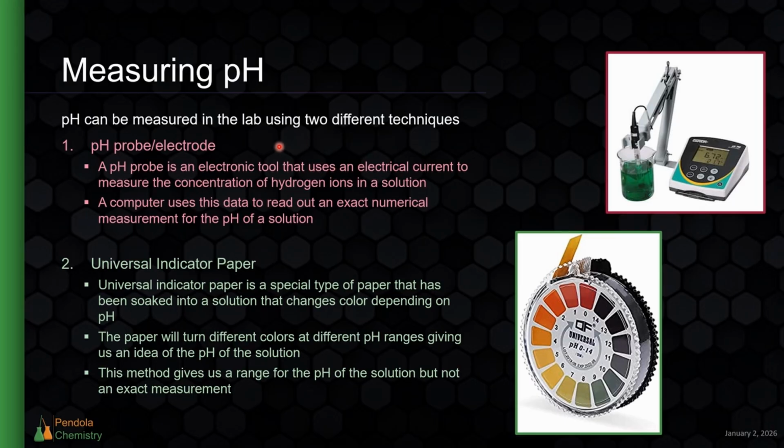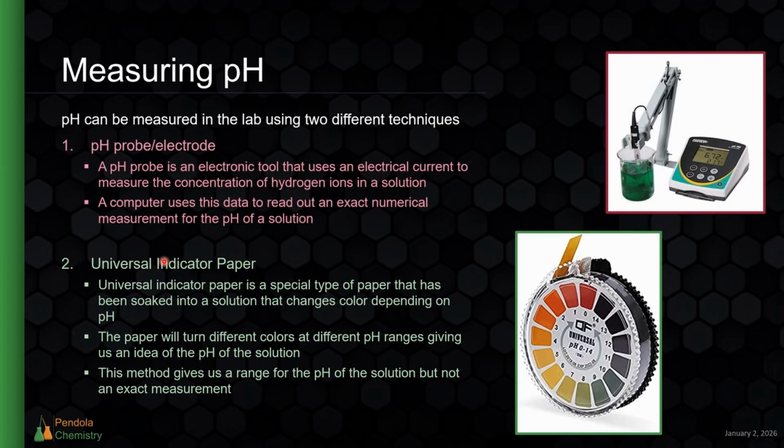But for now, just know that a pH probe or pH electrode uses electrical currents to measure the concentration of hydrogen ions. And we have a little computer system attached to that probe that can read the exact readout of the electrical current and do some math and transform it to a pH. So pH probes are completely electronic and use electrical currents to measure pH, and they're very exact.